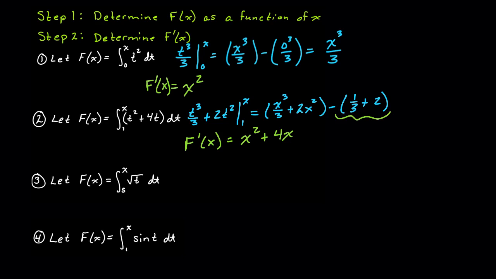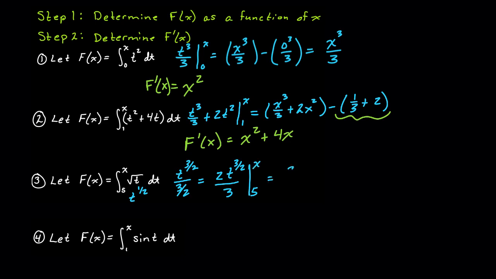All right, so let's look at the next one. Square root of t can be written as t raised to the 1/2 power, so the antiderivative will be t to the 3/2 over 3/2, which is the same thing as 2t to the 3/2 over 3, evaluated between 5 and x.